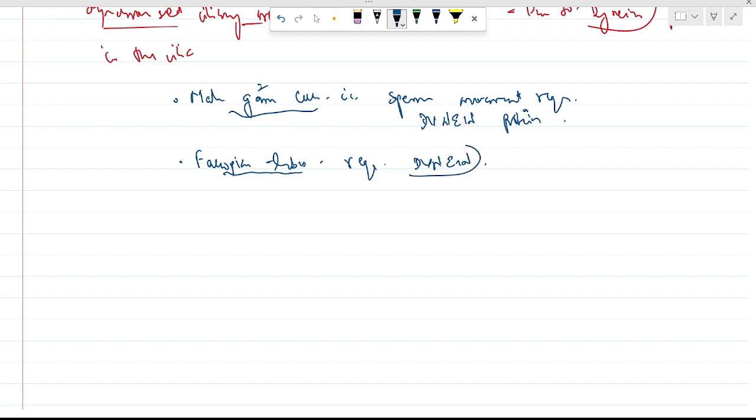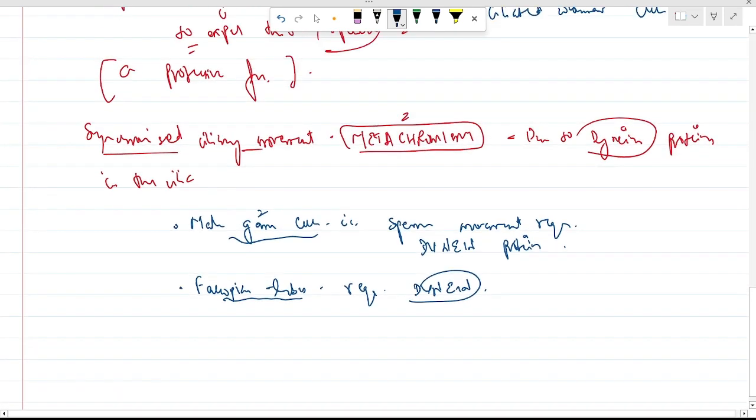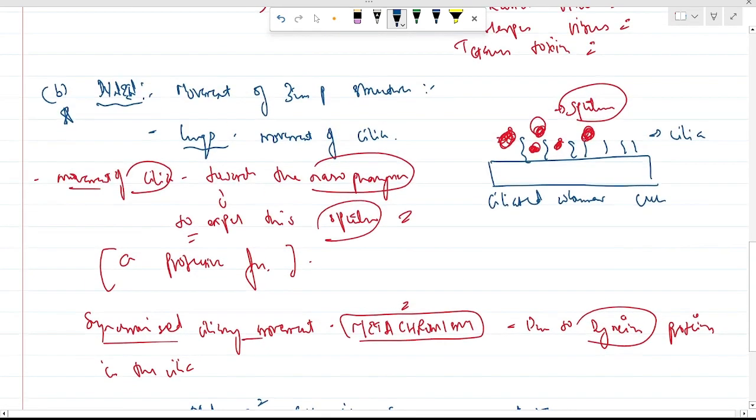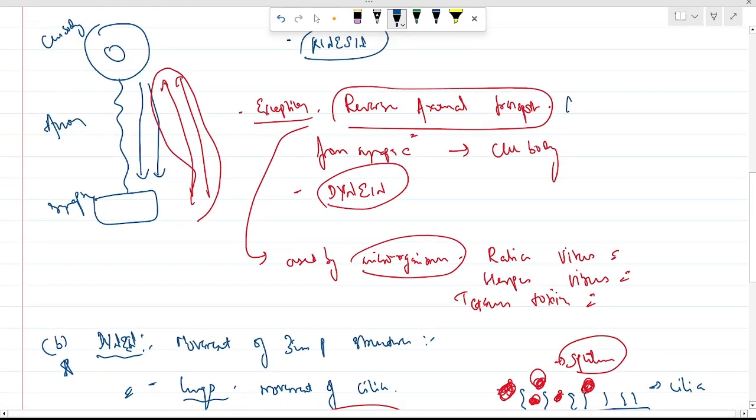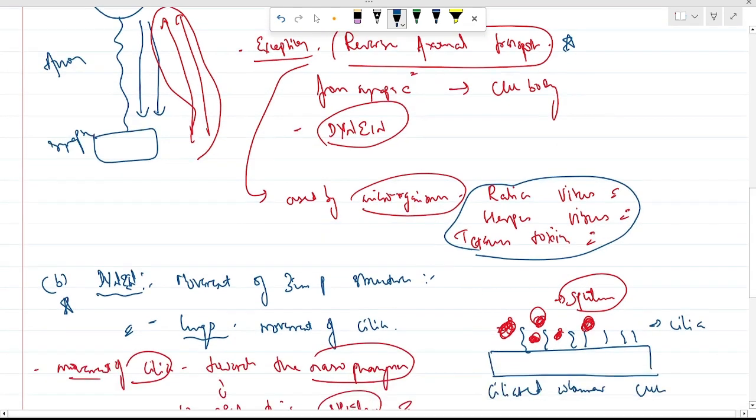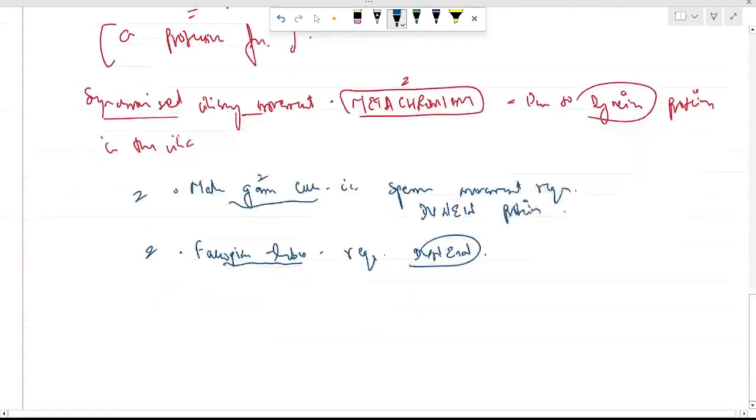This dynein, we've seen, is important in the fallopian tube, in the male germ cell, in the lungs, in the cilia, and also in this reverse axonal transport. It is used by these microorganisms to infect and spread.